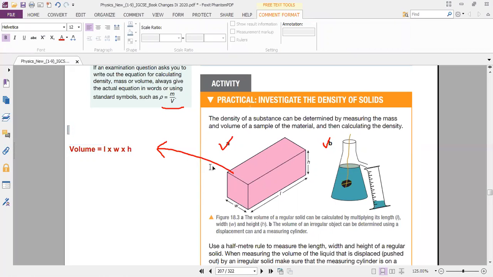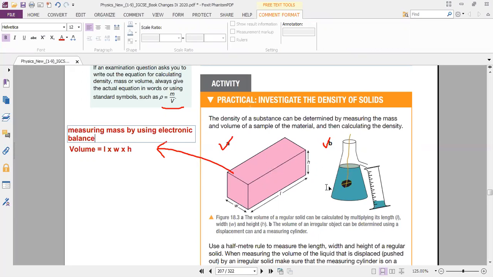And we can find out mass by electronic balance. And we can use the density, mass by volume formula.